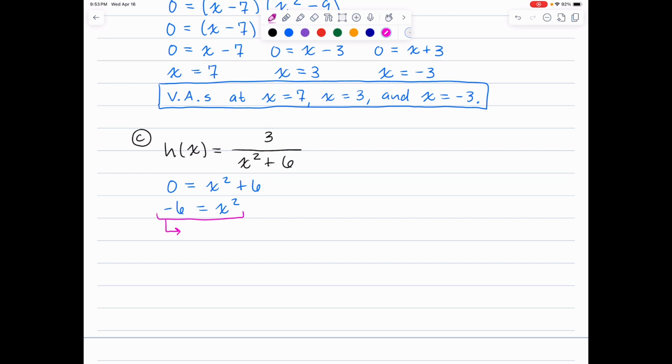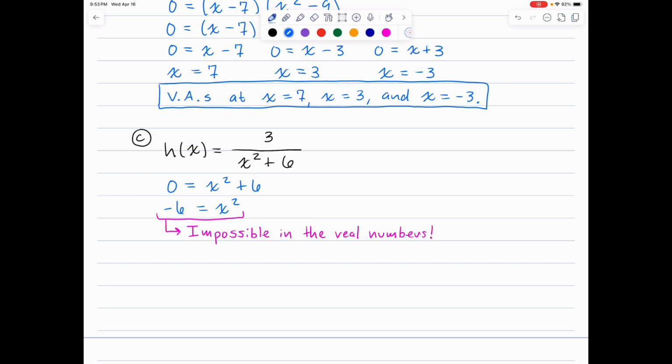So this is impossible in the real numbers.